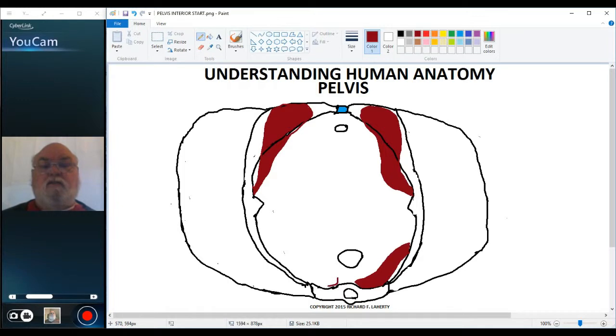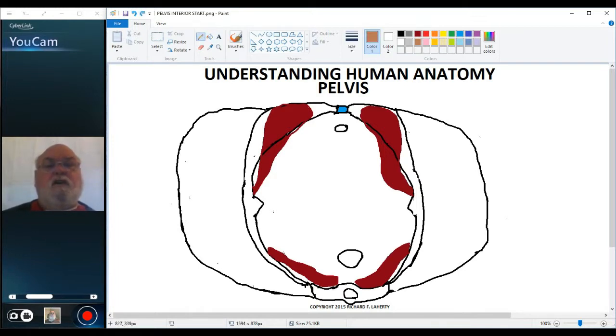And when we talk about the gluteal region, we'll talk more about the action of piriformis. I just want to draw it in here, like so. And then we'll color it in as well.